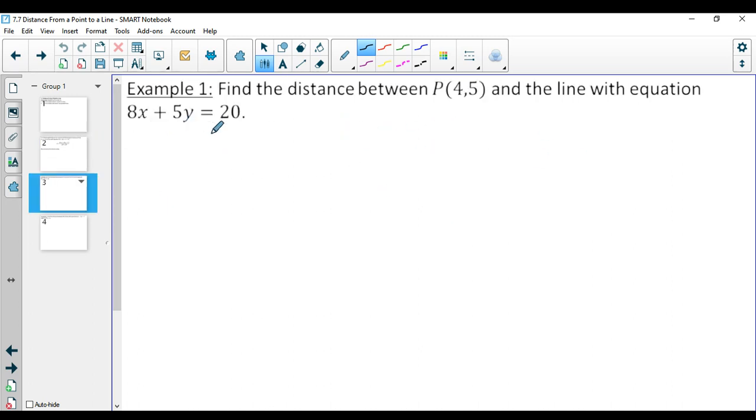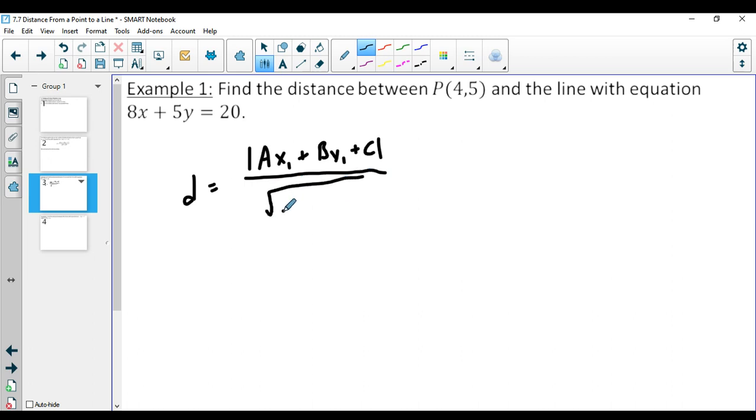So we have d equals the absolute value of a times x1, the point, plus b times y1, all over the square root of a squared plus b squared, 8 squared plus 5 squared, right?